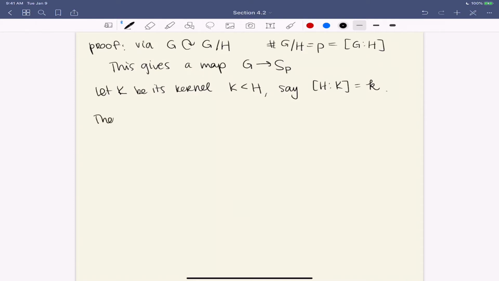Then if we want to know the index of K in G, you can do that in 2 steps. You first count the index of H in G and then the index of K in H. So that's k times P.